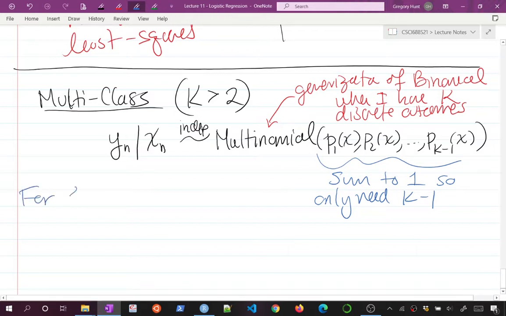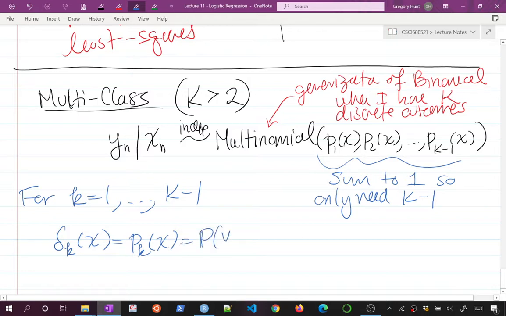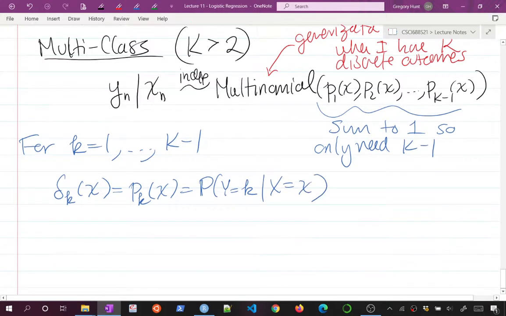So for these k minus 1 classes, if we let little k be my class, then the discriminant function for little k, which we call p_k, is the probability that my class is k given my data.